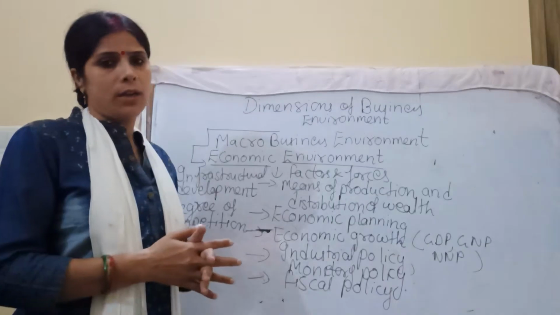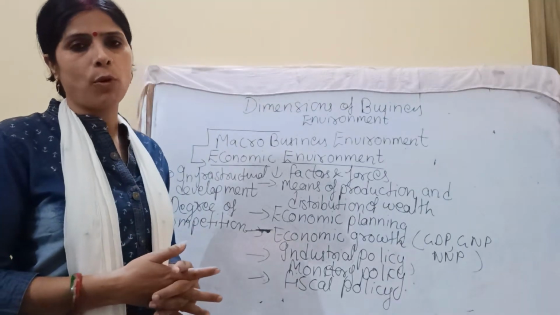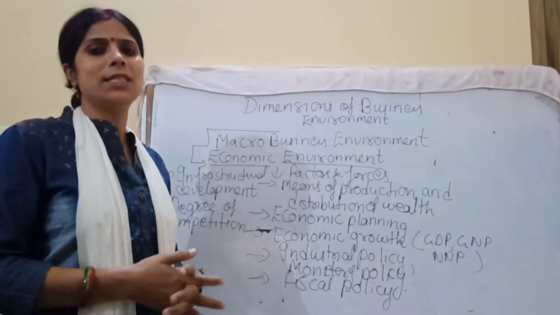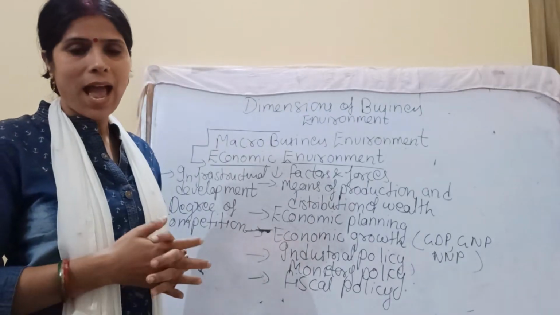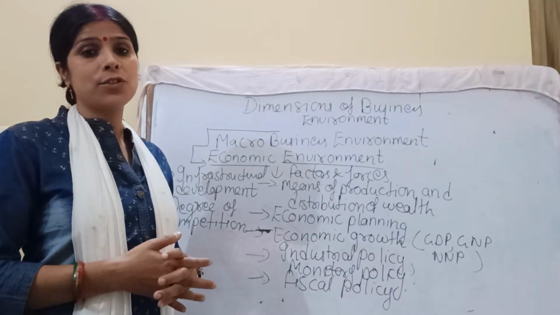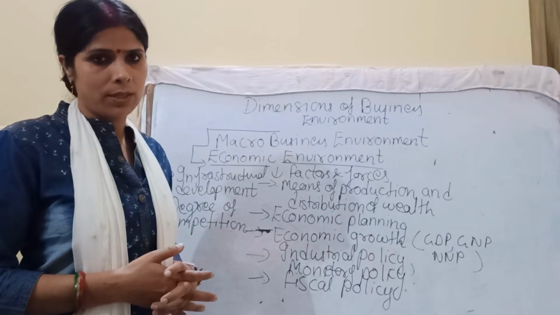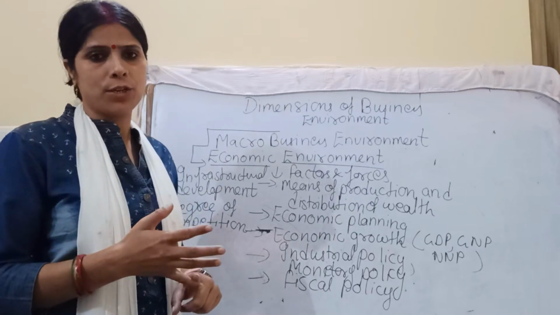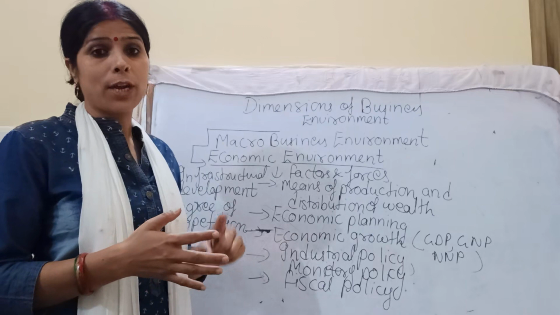So in accordance with that, the new industrial policy was established in the year 1991, and the government was talking about privatization, liberalization and globalization.